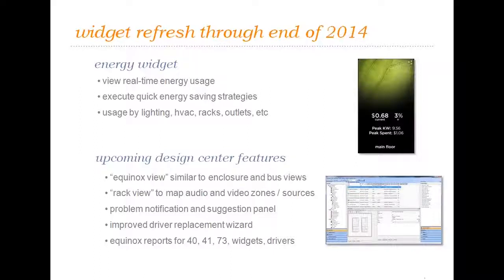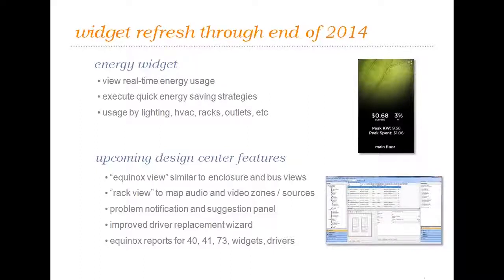So it'll be a lot like area view or enclosure view, but instead you're going to be looking at apps and 7.3s and 4.1s, and the tree structure will allow you to see what widgets will be there, and notes and information about what's going to be available.